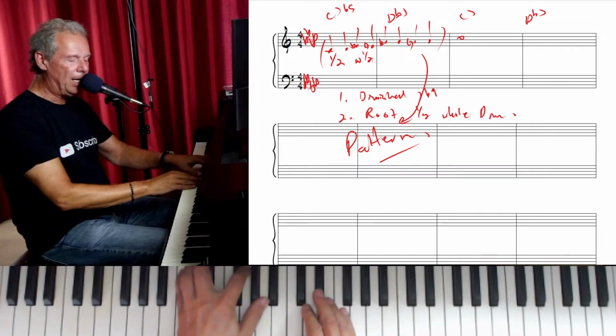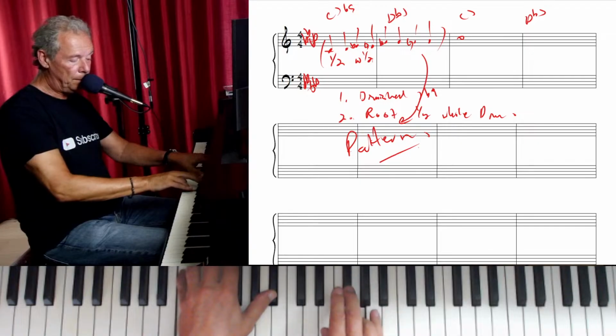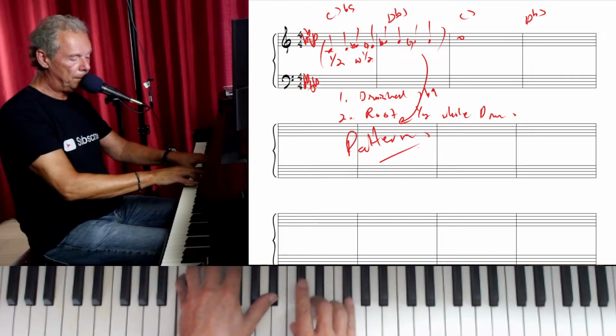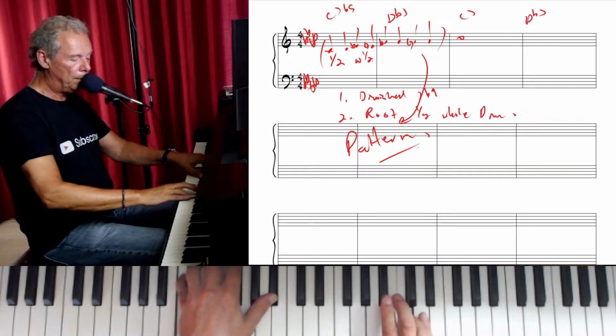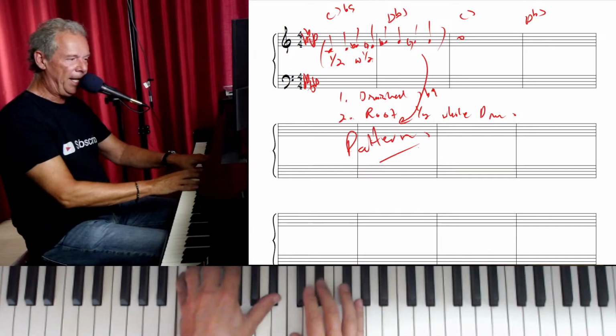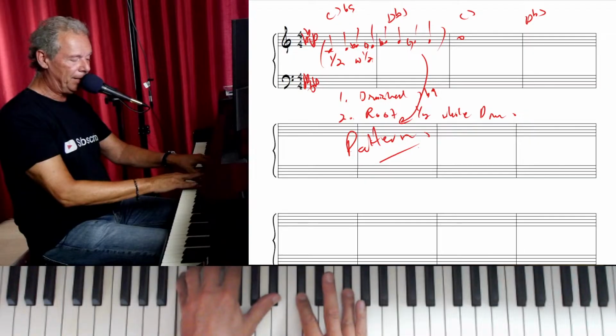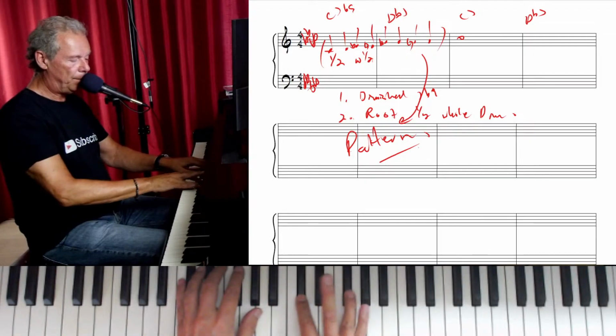Now you can go up and come back down as well. Or you can do things like this, where you're playing 2 notes and then jump a 4th from D flat to G flat, like this.